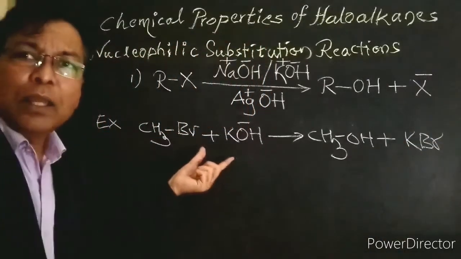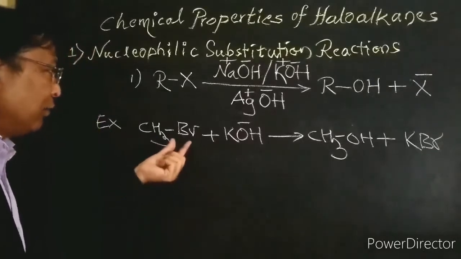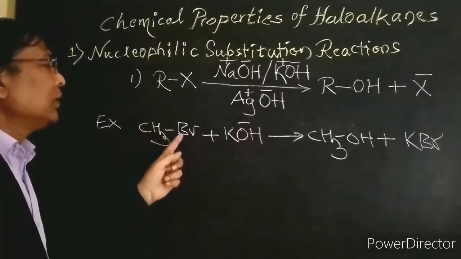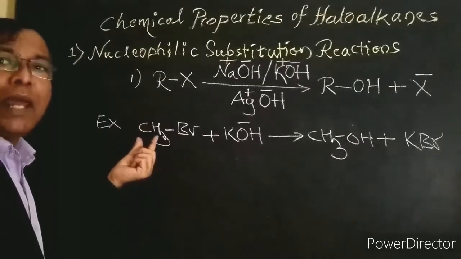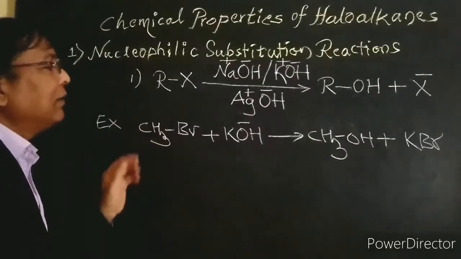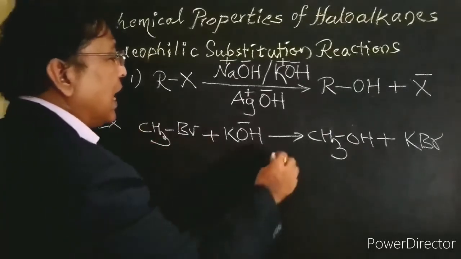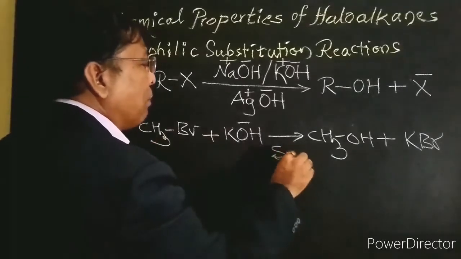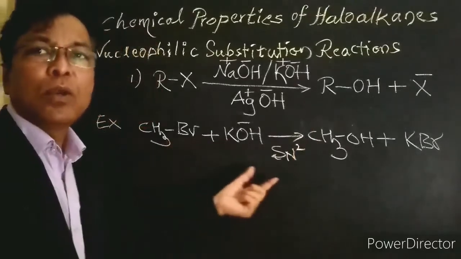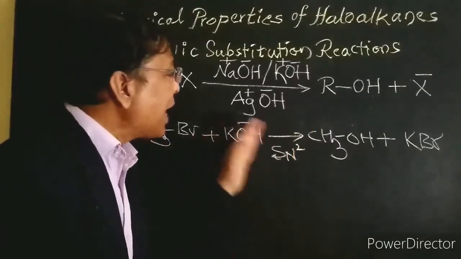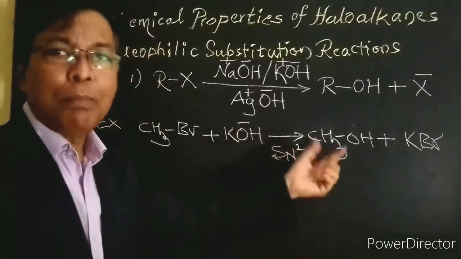And as I have already told you, if the carbon attached to the halogen atom is bonded by small atoms or groups, then it will follow the Sn2 reaction mechanism path. Therefore, this reaction follows the Sn2 reaction mechanism.